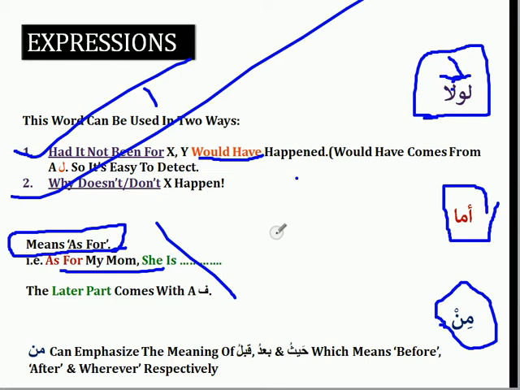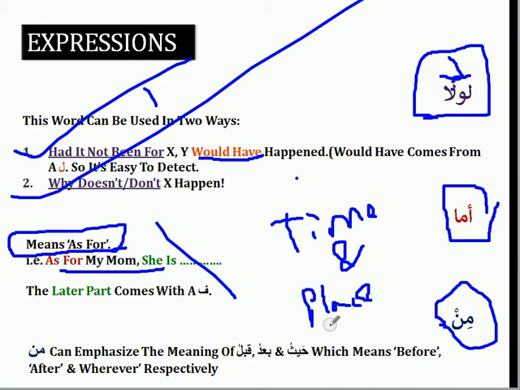Zarf means time and place. So you have time and place, that's Zarf, and you will find these three in Zarf. It's more advanced to say Zarf than special mudaf, and we will need that in Sarf also.